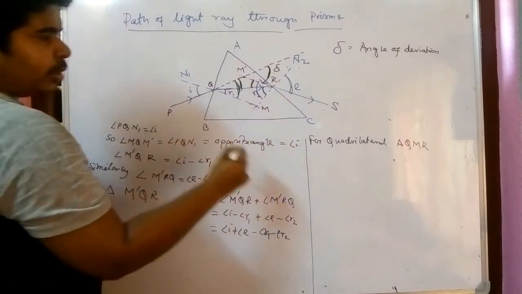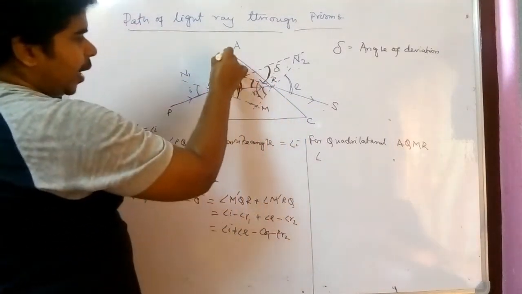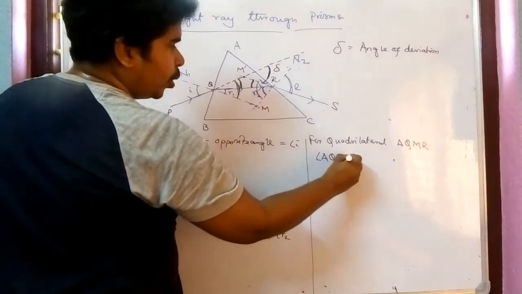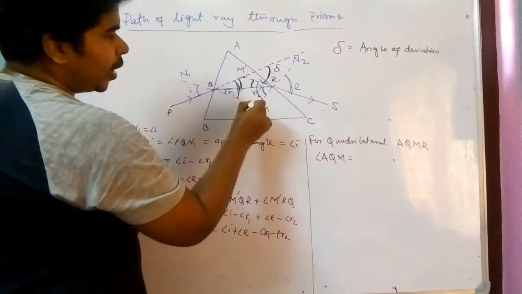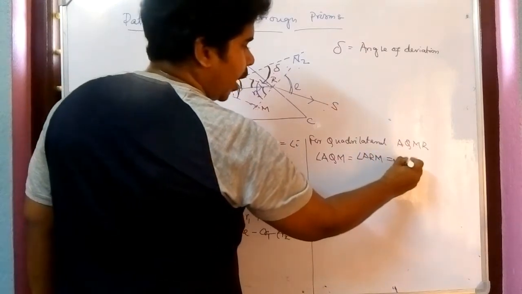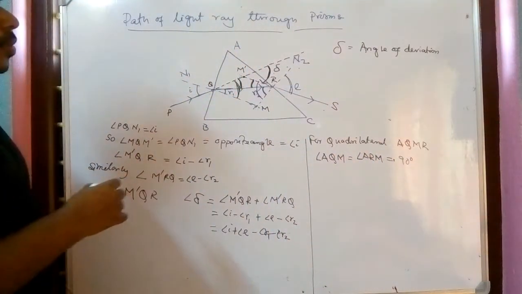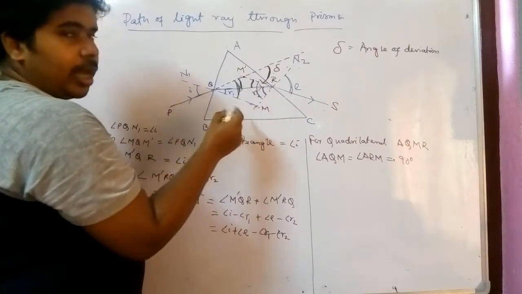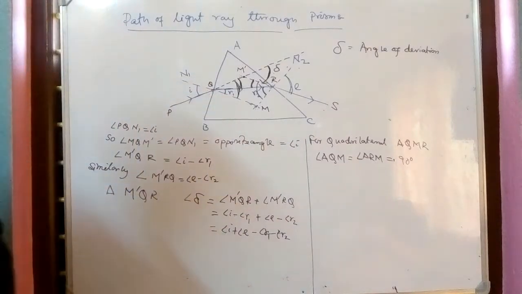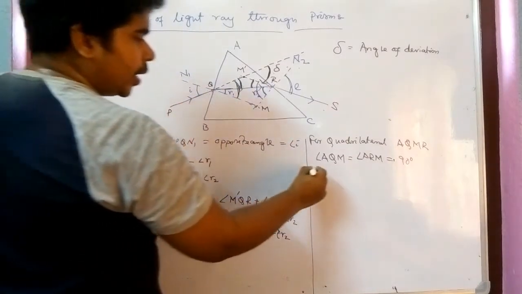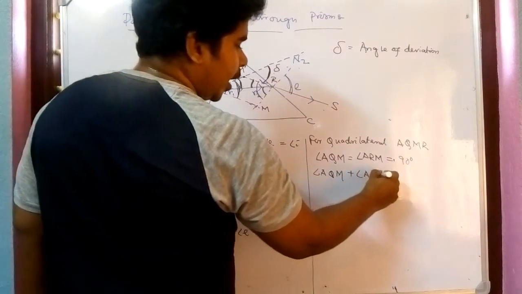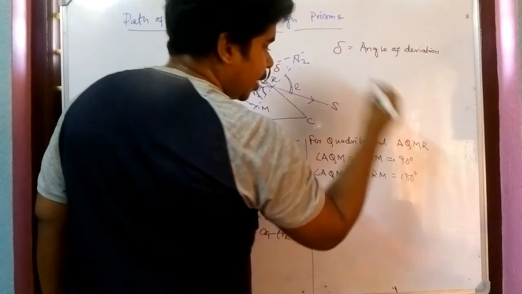For this quadrilateral we can see that angle AQM, see properly, should be equal to angle ARM, that equals 90 degrees. Why? Because you see we have drawn normals on the surface, I have already told. As they are normal, the angle should be 90 degrees. So the sum of these two angles, angle AQM plus angle ARM, equals 180 degrees.